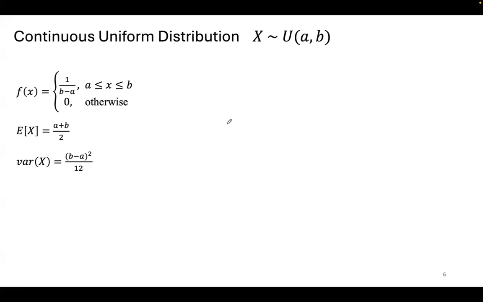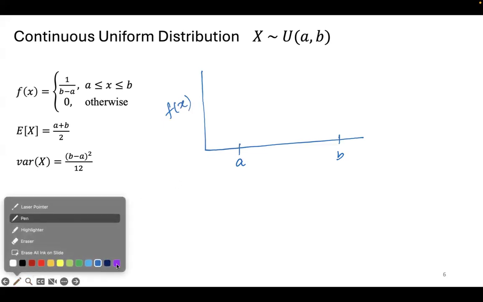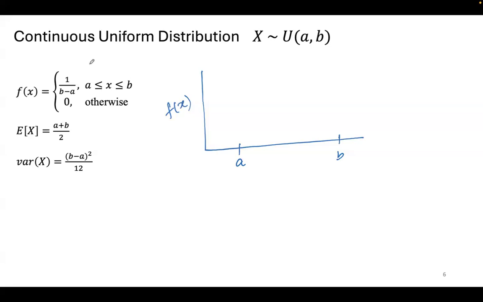This is what it's going to look like. On your x-axis you have a somewhere, you have b somewhere else, and this is again the fx function. As long as x lies between a and b, it has a constant value, and that constant value is 1 upon b minus a. Why this is so, we'll see in a minute. And everywhere else, the value is 0.